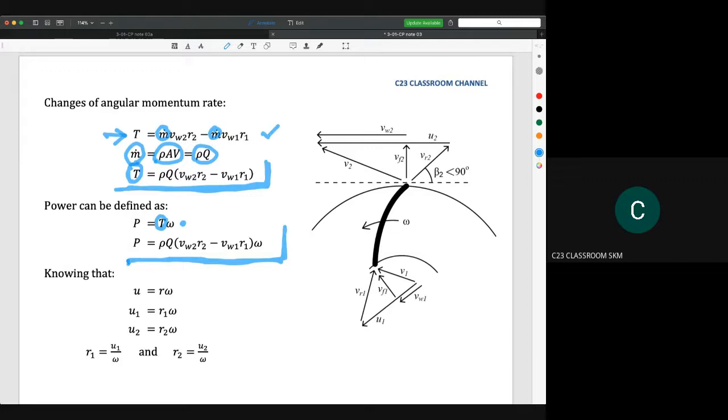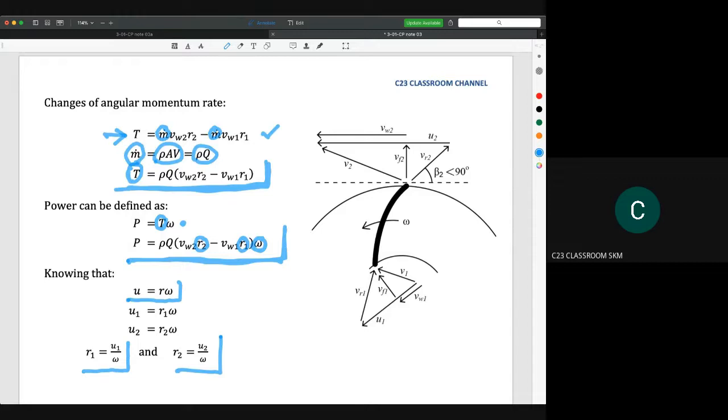Then we could see that we have R2, R1 here, and also the omega, and we could replace all those values. We know that the correlation between linear velocity and rotational velocity can be written as U equals R omega. So we could write R1 equal to U1 over omega and R2 equal to U2 over omega.